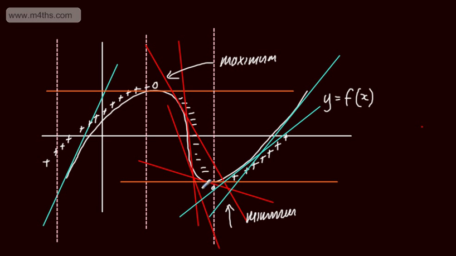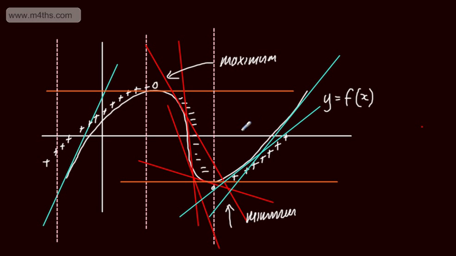We then had another stationary point. This one was said to be a minimum, and then to the right again the function was increasing and we had a positive gradient for all values of x in this interval right here. We can see that at the minimum point, the gradient to the left of the minimum is negative, to the right is positive.